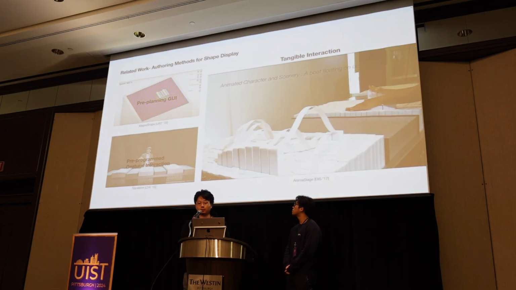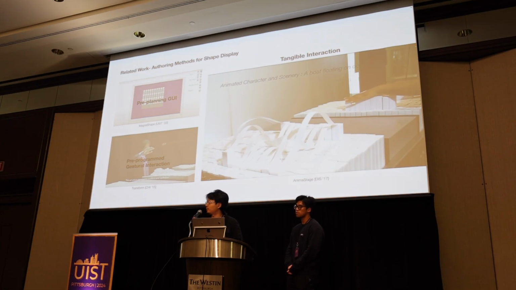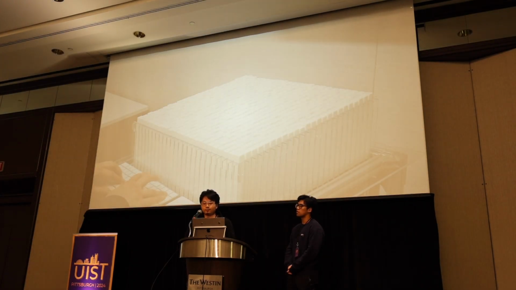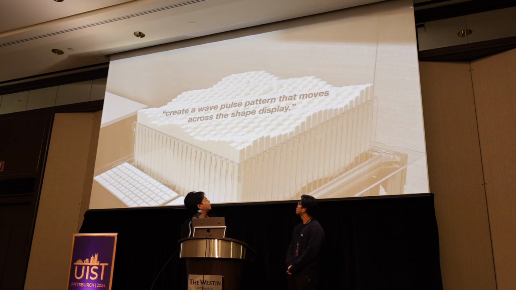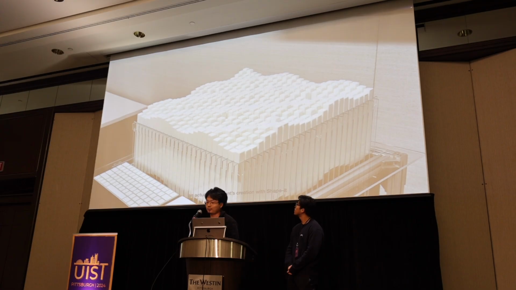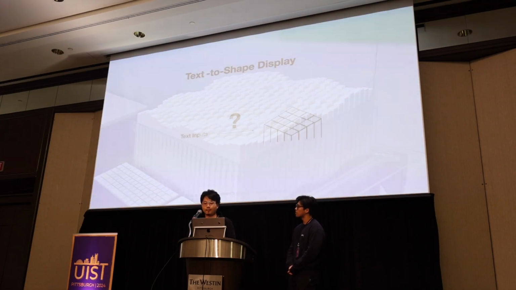What's more, you can also use your tangible touch input to realize the wave effect on the shape display. But what if, just by asking the shape display, "create a wave pulse pattern that moves across the shape display"? Yeah, this is an actual participant creation when using our system.